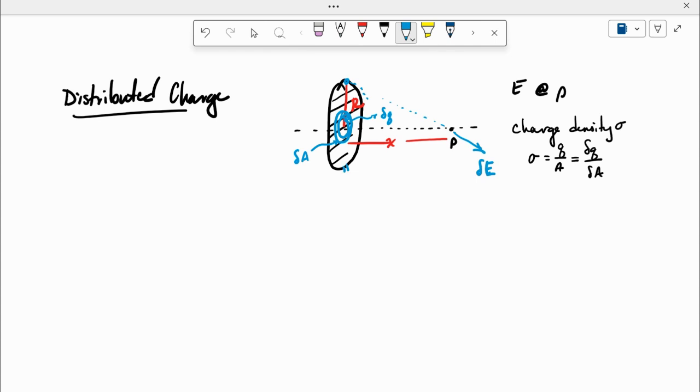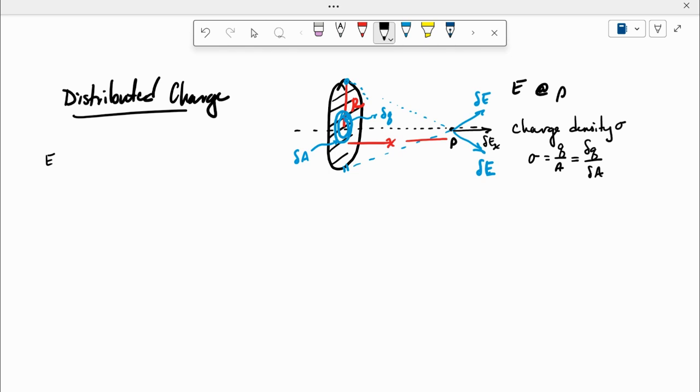And then the same thing down here, just like we've done before with the ring. We have another piece of our field, but the y component is going to cancel out, and so the only part that's actually going to create this electric field is the x component, dE_x.